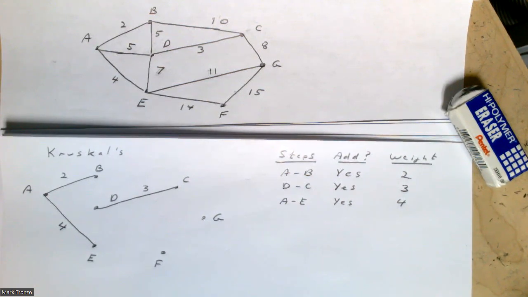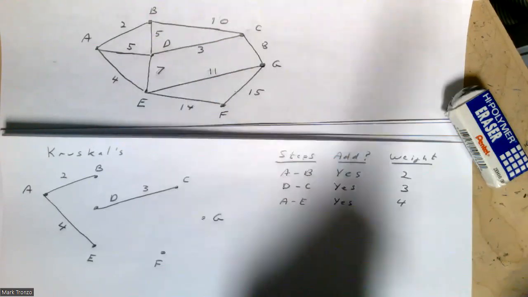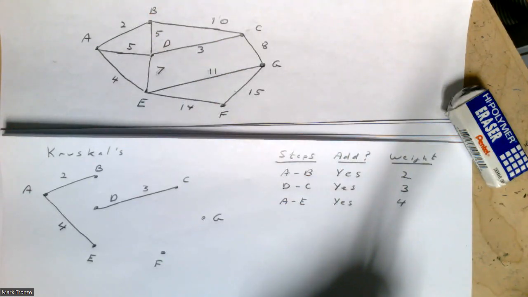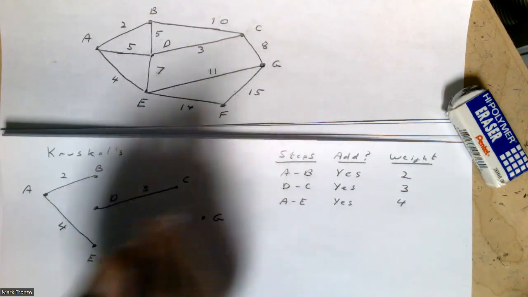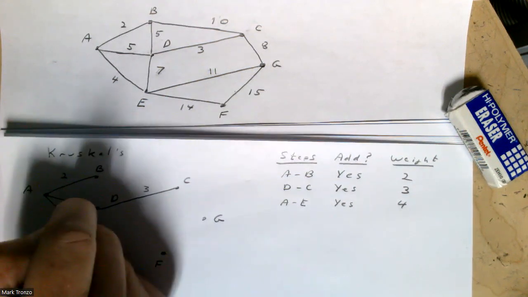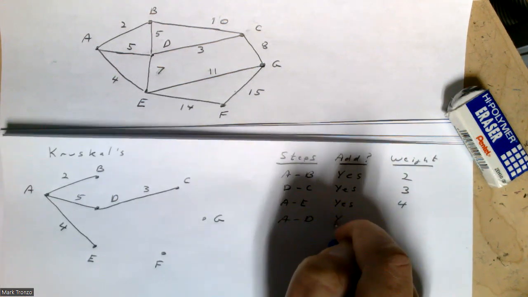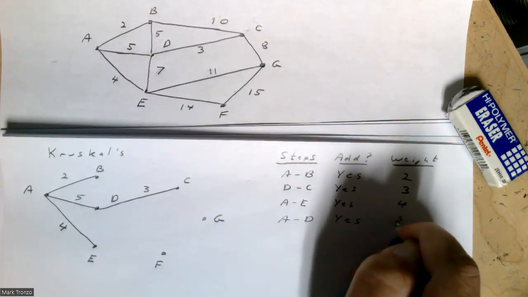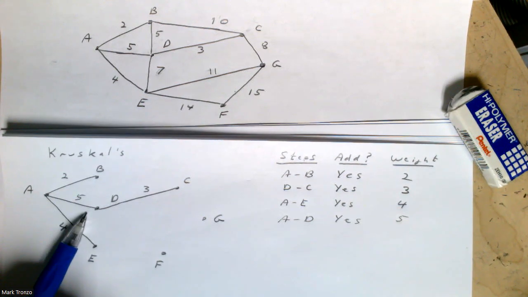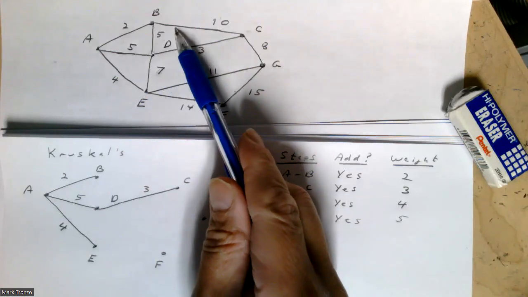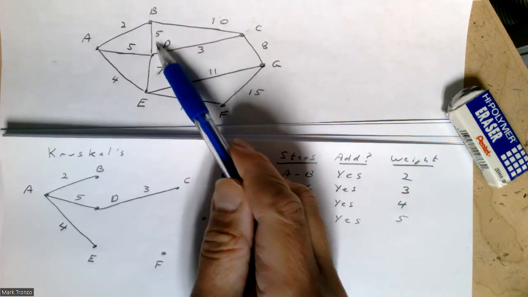And now here again, we have a choice. We have two 5s. That's going to be the next smallest, one of these 5s. So let's pick one of them. Again, let's pick AD. But now notice this time when we picked AD first, we cannot add DB.